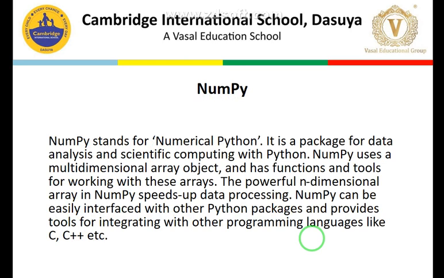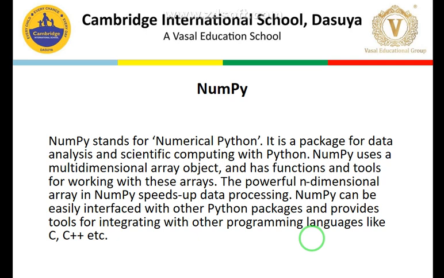So just revising NumPy, it stands for numerical Python. It is a package for data analysis and scientific computing. NumPy uses a multi-dimensional array object and has functions and tools for working with these arrays. So NumPy is basically a very rich package for applying different operations on multi-dimensional arrays.